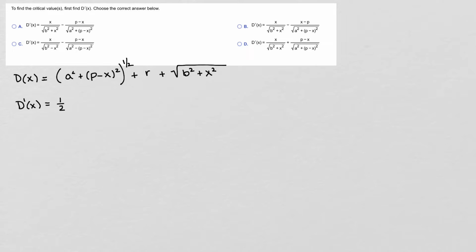So when I take the derivative, it's 1/2 times A squared plus (P minus X) squared to the negative 1/2 times the derivative of the inside. A squared is a constant, so the derivative is 0. So I need to take the derivative of (P minus X) squared, and that's going to be 2 times (P minus X) to the 1 power times the derivative of the inside. P is a constant, so that derivative is 0, and the derivative of negative X is negative 1.